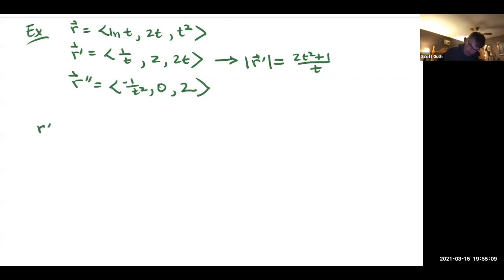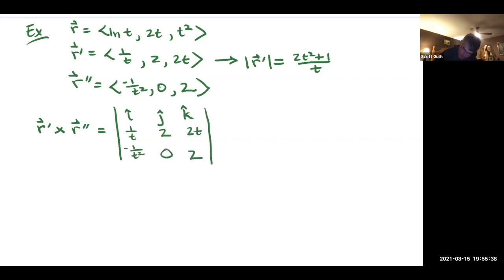So here we have to do R prime cross R double prime, like this. And here we go. Okay, so that's R prime cross R double prime. Looks ugly.